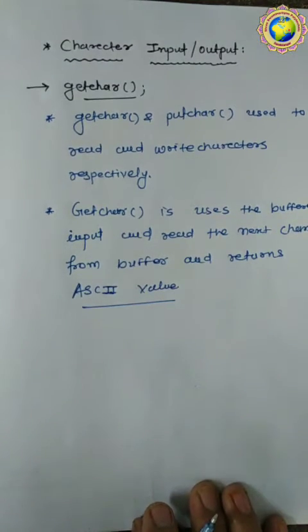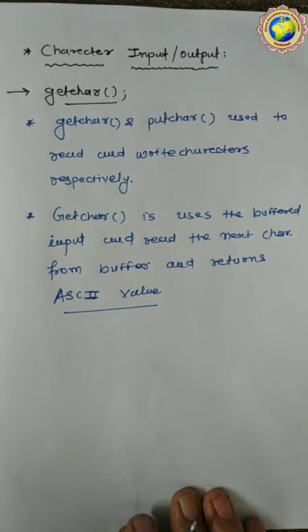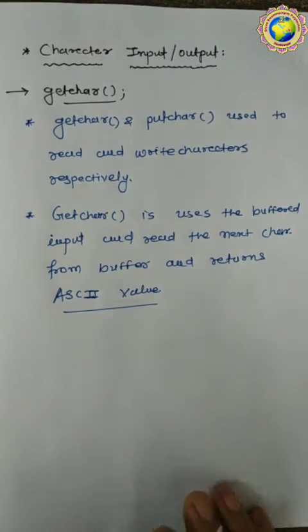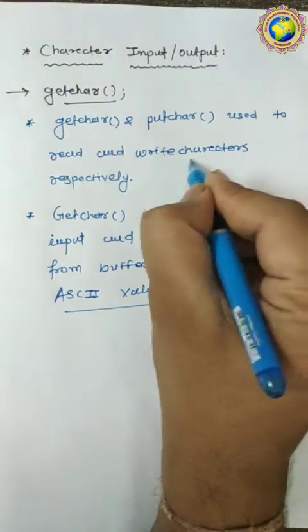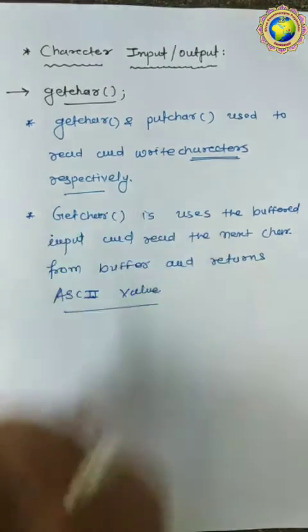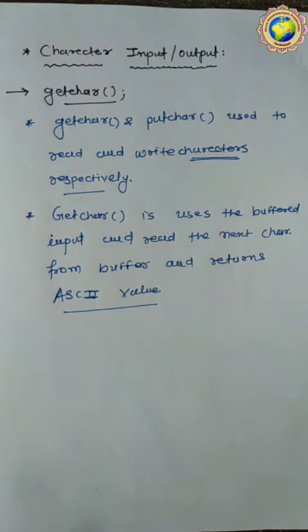So getchar and putchar are the read and write character functions respectively. These functions are used to read and write characters only.